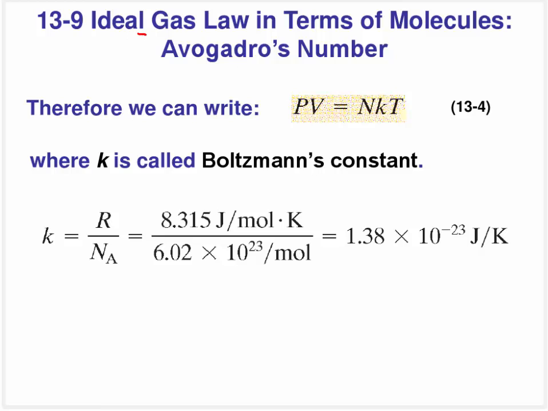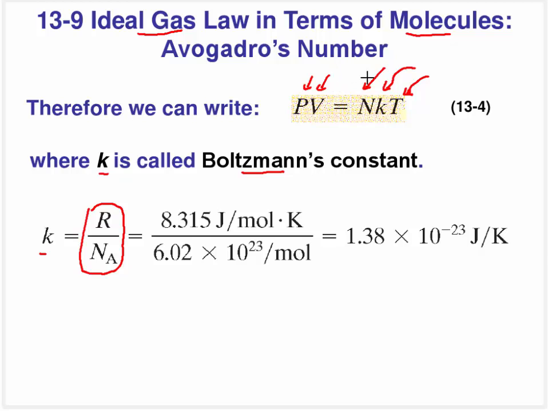What we can then do is write the ideal gas law in terms of molecules and Avogadro's number. We could say that the pressure multiplied by the volume is now going to be the number of molecules multiplied by this new constant right here, multiplied by the temperature. This new constant is called Boltzmann's constant, and it's simply the value of R divided by Avogadro's number.